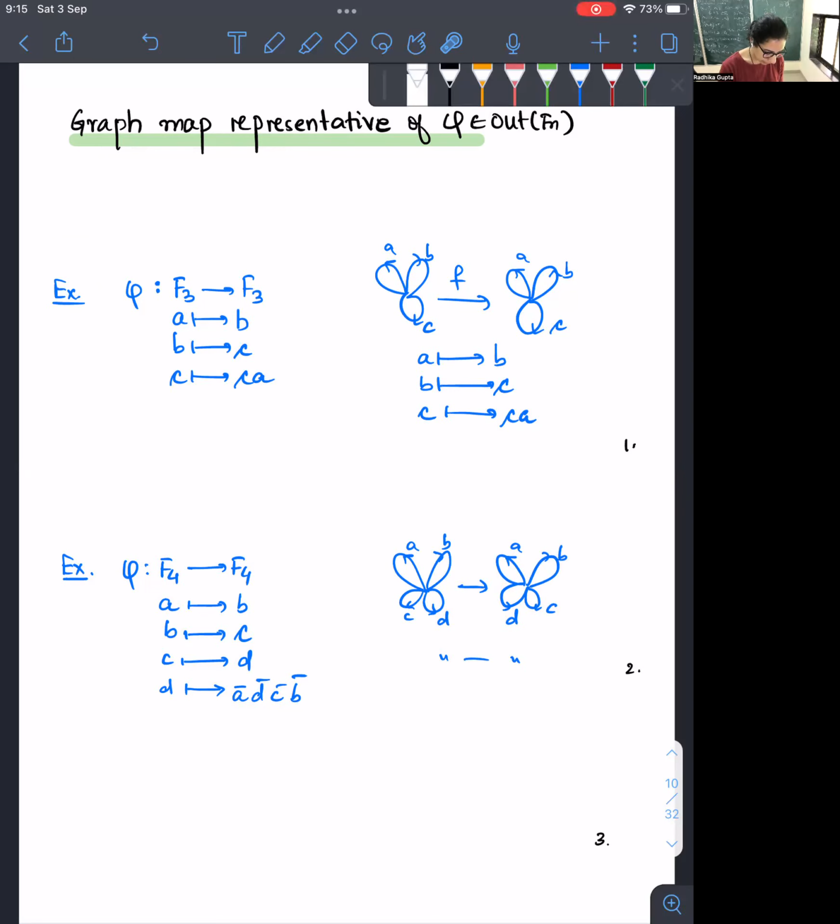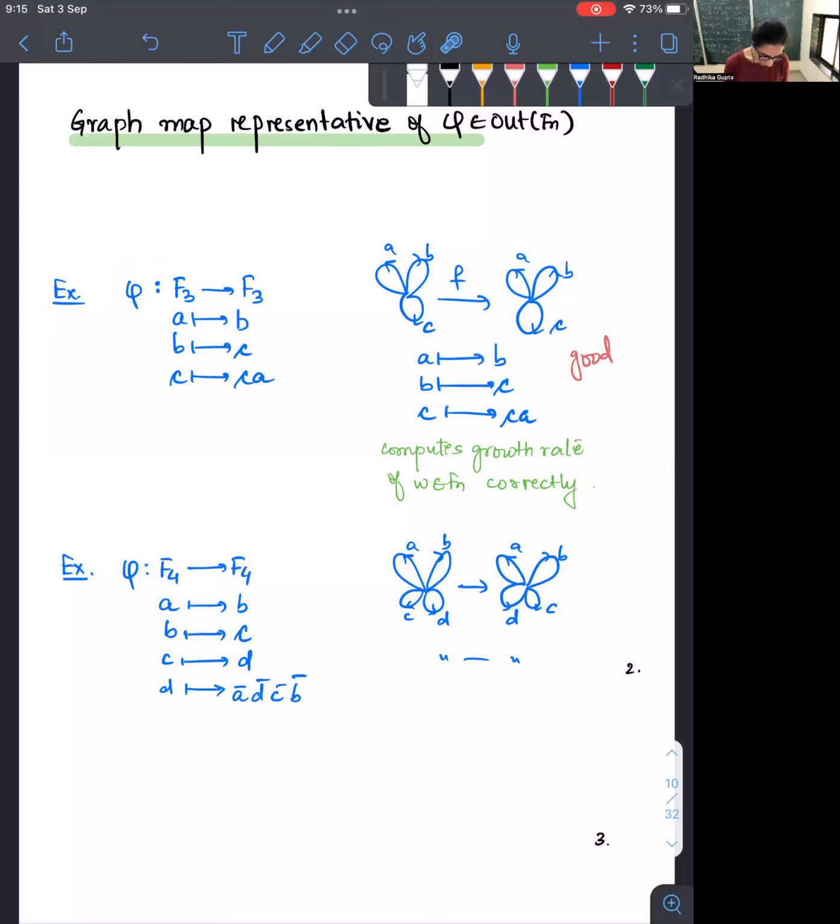The first graph map is actually good. It's good from the perspective of computing growth rates of elements in the free group. When we iterate this graph map, we can use matrices because there are no cancellations happening. When I keep iterating C, there are no cancellations happening, and then I can use matrices to compute growth rates.